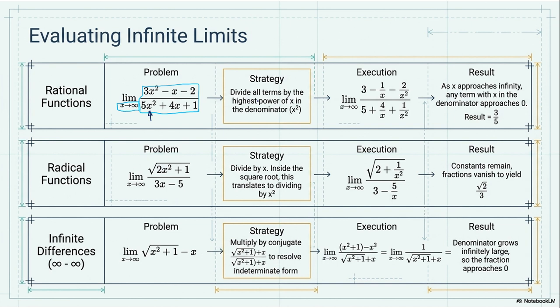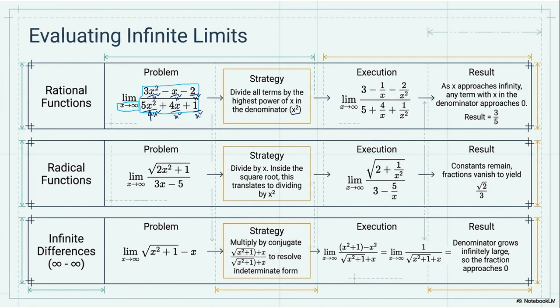So we have to divide all terms by the highest power of x in the denominator, also in numerator. So we divide 3x squared by x squared, and every other term by x squared.